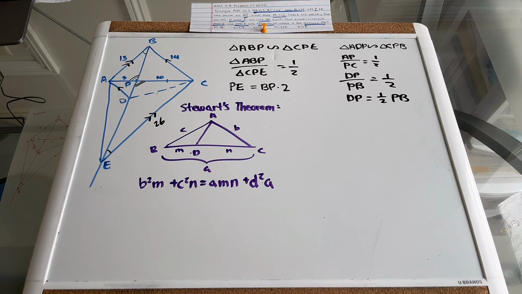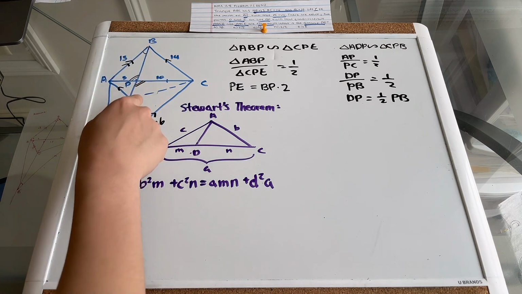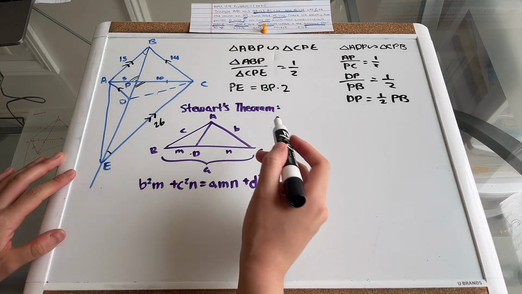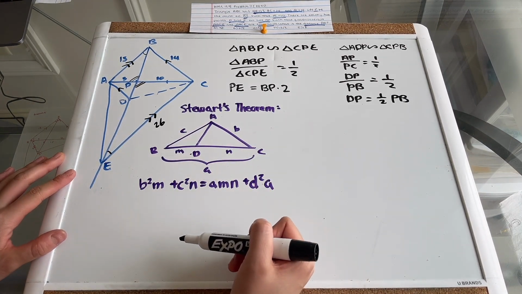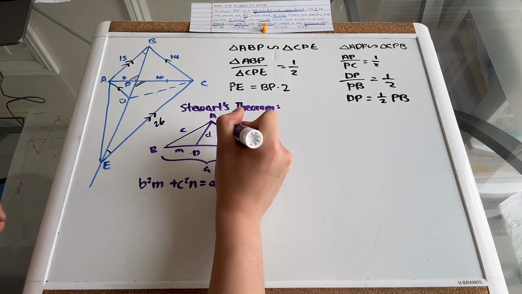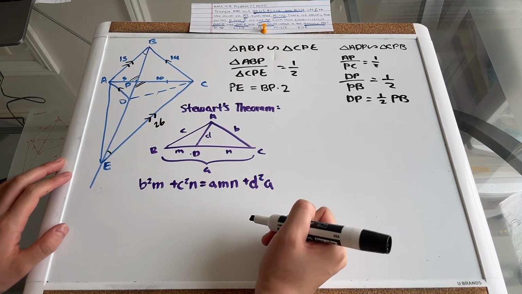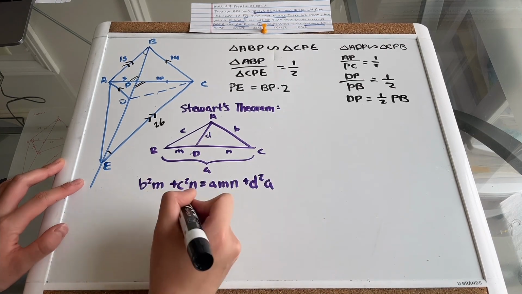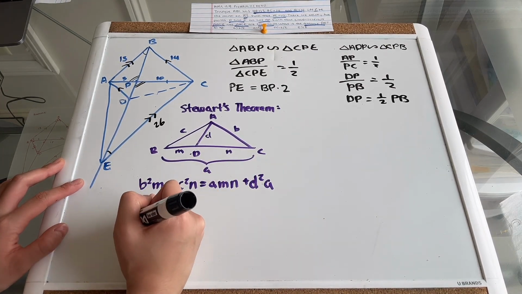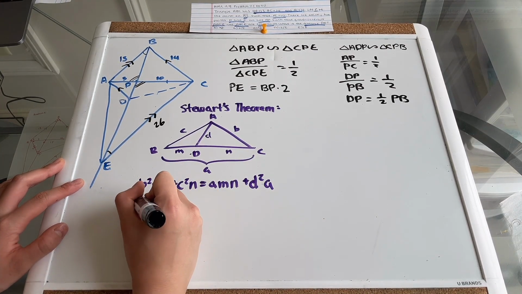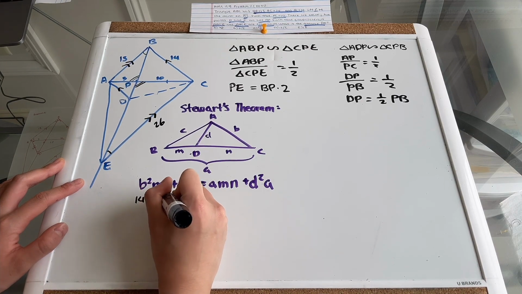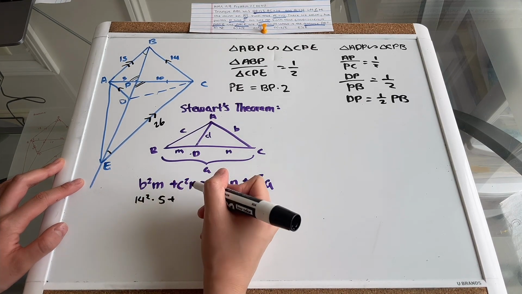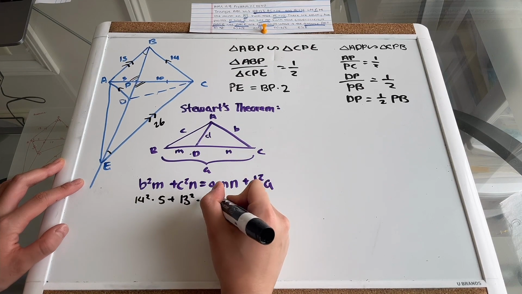Using this theorem, we can find BP because we know all of these variables, and we are trying to find D, which is right here. So we can isolate D by itself and substitute all of the rest in. B squared M would be 14 squared times 5 plus C squared, 13 squared, times 10.